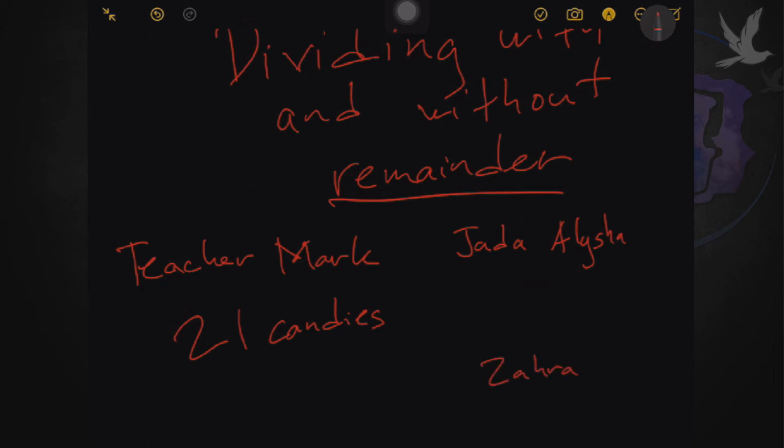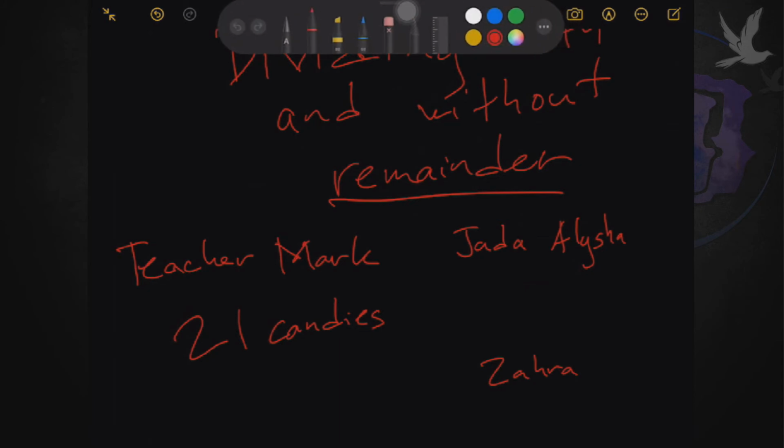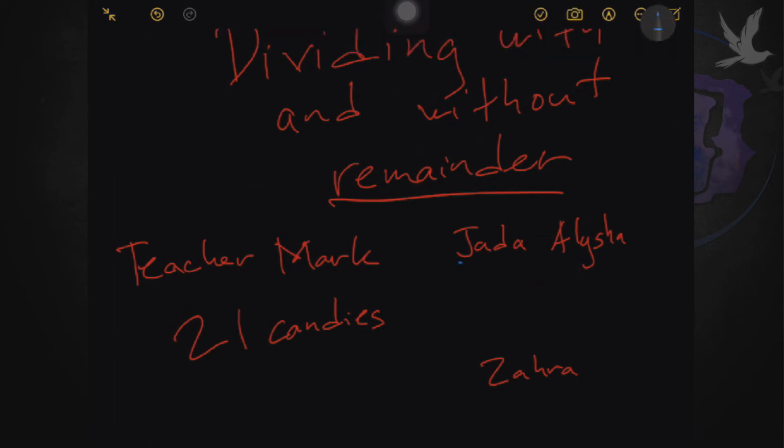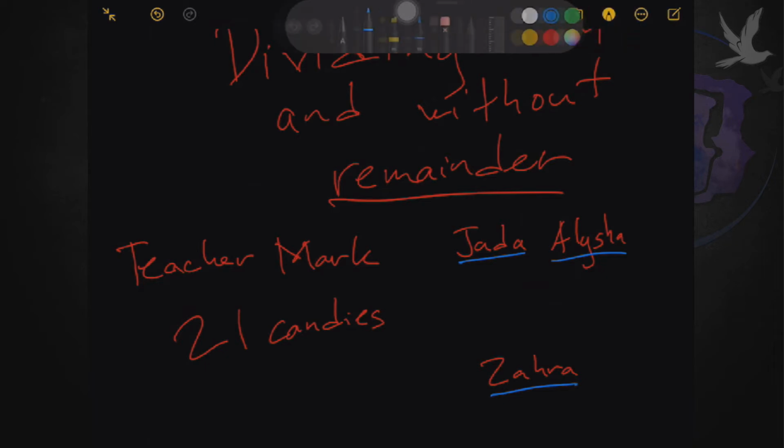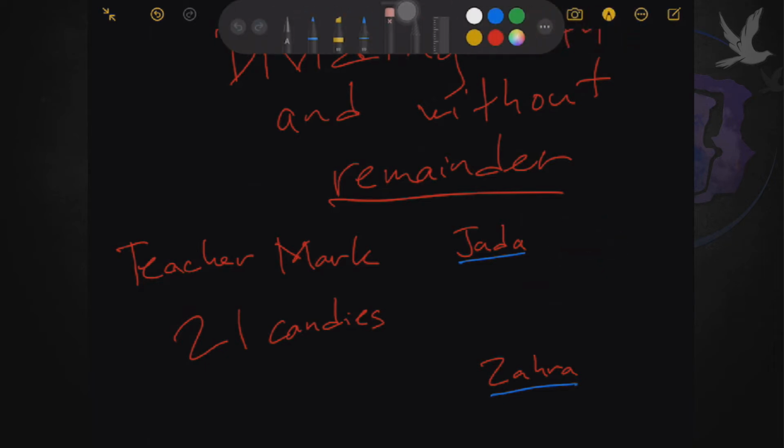Okay. So if you notice, Teacher Mark now has 3 students here. We have Jada, Alicia, and Zara. Lalayuin ko lang muna yung pangalan ni Alicia para we'll have equal space. Okay. So I have now 3 students, which I am going to share this 21 candies with them evenly.